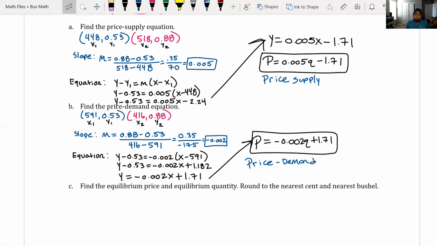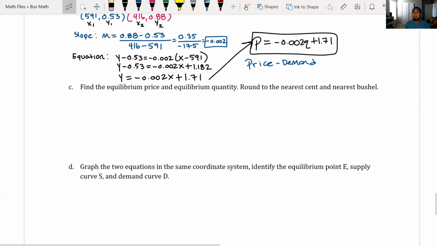So next one, almost there. Find the equilibrium price and equilibrium quantity. To find where the equilibrium price and equilibrium quantity is, that means they both must intersect, right? This means they both must be equal to each other.